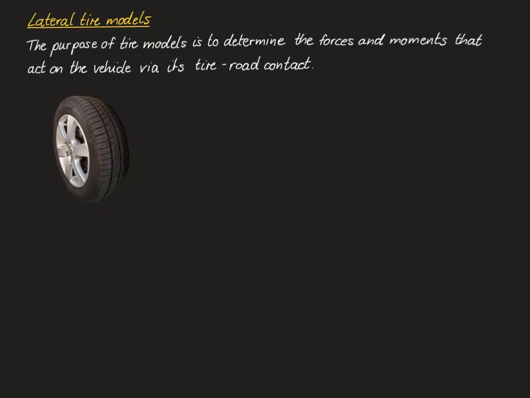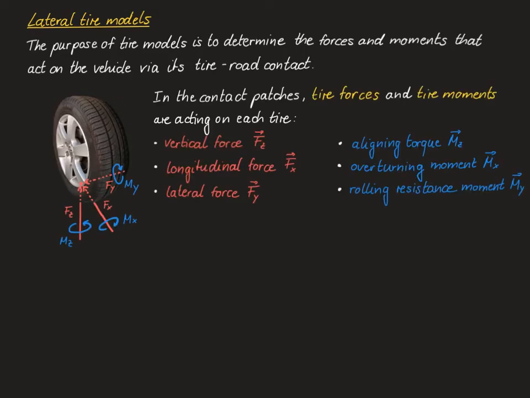To look at this in a little more detail, consider this wheel of a vehicle. Now, via the contact between the tire and the road, in the contact patches, so-called tire forces and tire moments are acting on the tire. And that obviously holds for each tire of the vehicle.